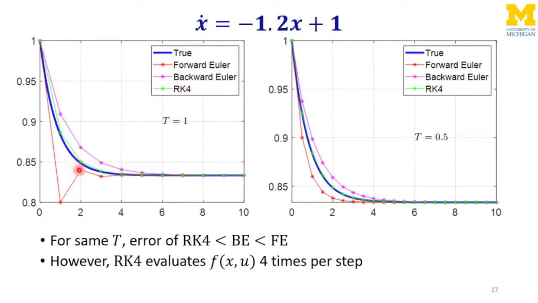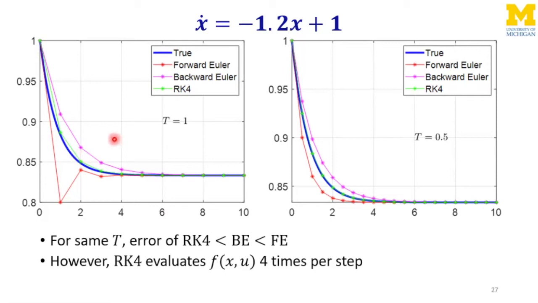And as you can see, for both time steps t equals 1 and t equals 0.5, the RK4 method is much closer to the true solution than the other two schemes. So in other words, for the same time step t, the error in RK4 is less than the error in the backward Euler, and is also less than the forward Euler scheme.